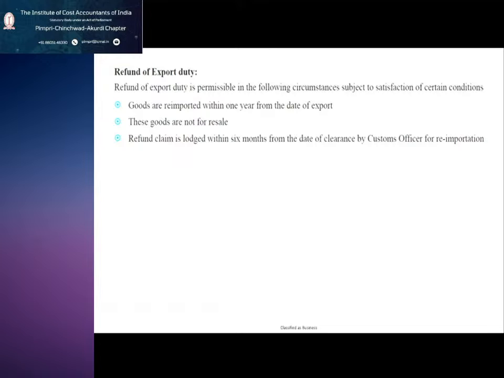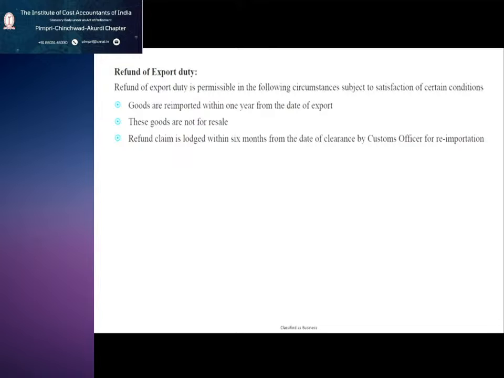If you want to claim a refund of export duty, this should happen within a period of 1 year. And these goods are not for resale. We should clearly mention this is not for resale, and we are bringing it back just for some repair or rework purpose.